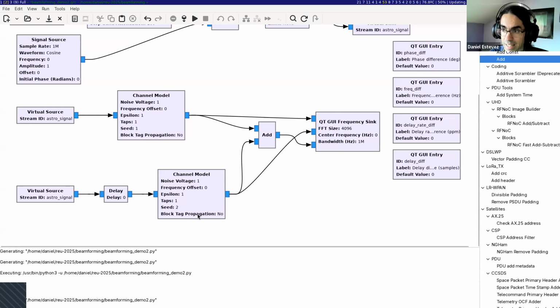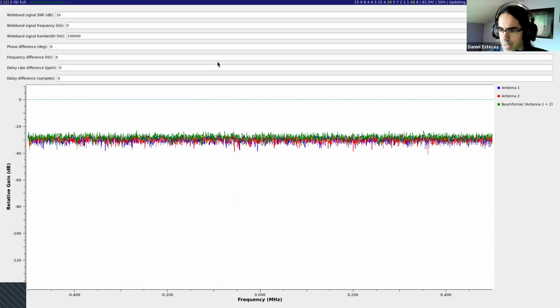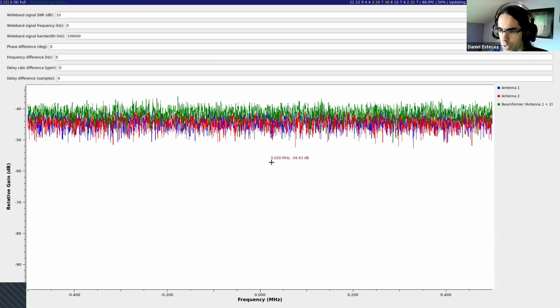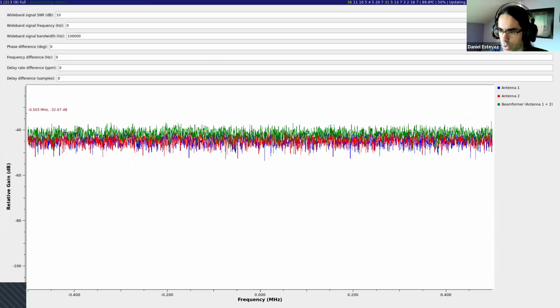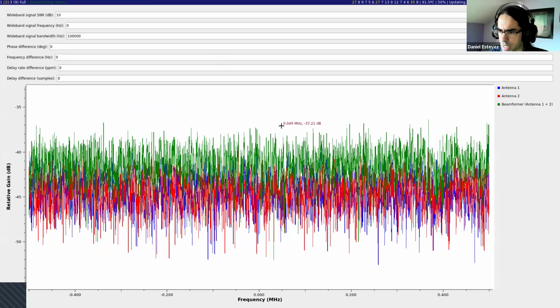I'm generating a different, independent and uncorrelated Gaussian random variable of the same standard deviation 1 in here, and I'm adding them.